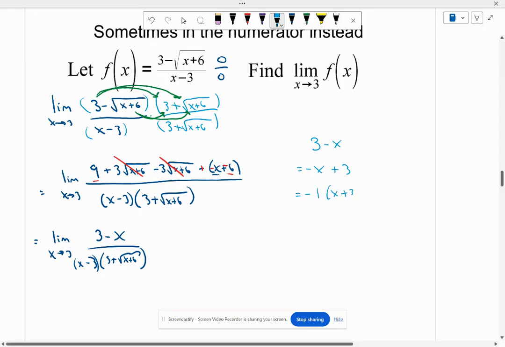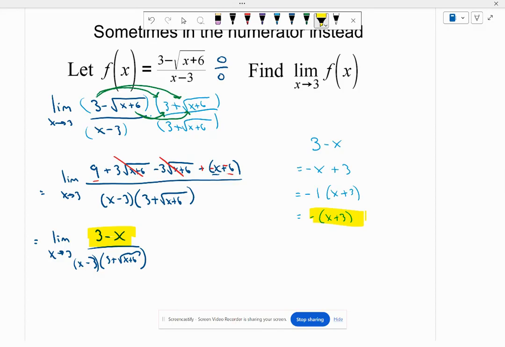So if you just factor out the negative, you get that. So I can rewrite 3 minus x as negative (x minus 3). If I factor the negative, that's going to change that x to a positive and that 3 to a negative because we took out the negative, which gives us negative (x minus 3).